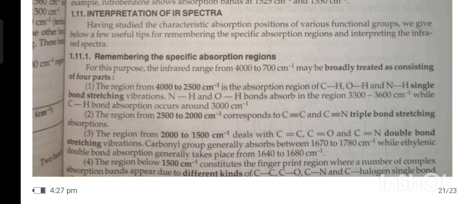First, the region from 4000 to 2500 centimeter inverse is the absorption of C-H, O-H, N-H single bond stretching vibration. N-H and O-H bond absorption is in the region 3300 to 3600, while C-H bond absorption occurs around 3000 centimeter inverse.